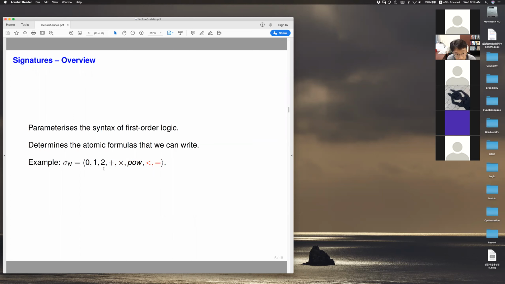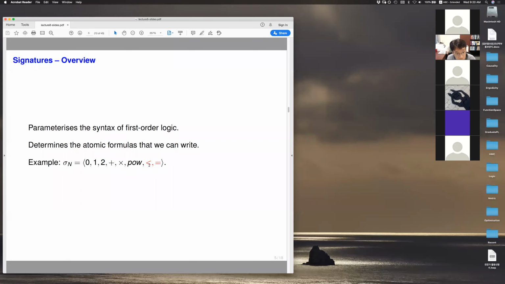These constants are the base case, which we can use to construct syntactic entities for objects. In this case, syntactic entities that will denote numbers. The function symbols plus, multiplication, and power are the syntactic operations which you can use to build more complicated objects, in this case more complicated numbers.